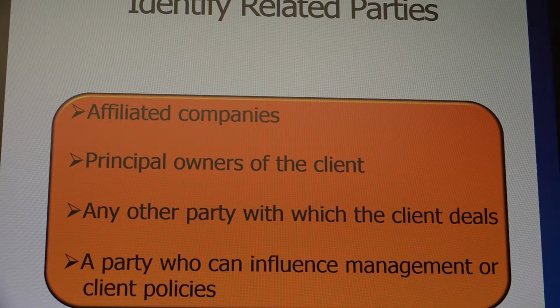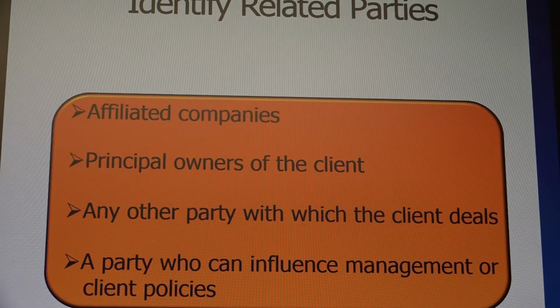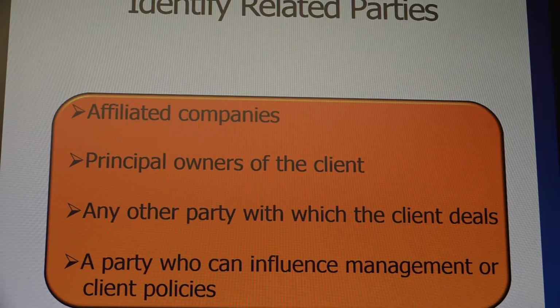And so a related party is defined as an affiliated company, a principal owner of the client company, or any party with which the client deals where one of the parties can influence the management or operating policies of the other. So, affiliated companies, principal owners of the company, any party with which the client deals, a party who can influence management or client policies.